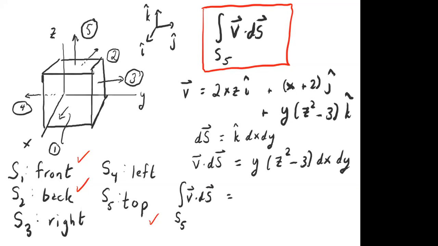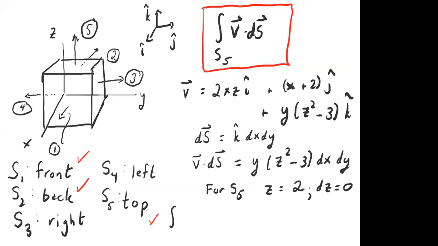That's going to break down to 2 integrals, but let me be a little bit more careful here. Namely, if I look at S5, I see that z has to be equal to the number 2. dz is 0, but z is 2.